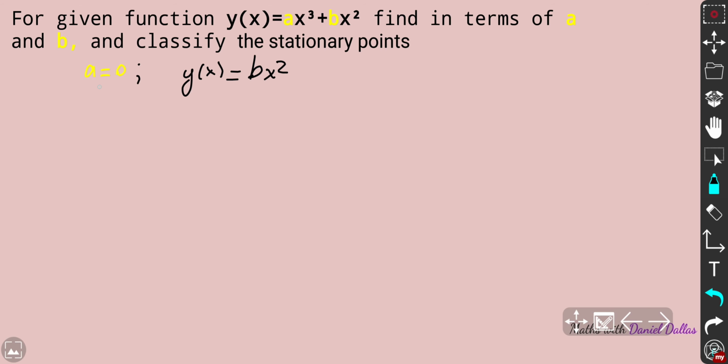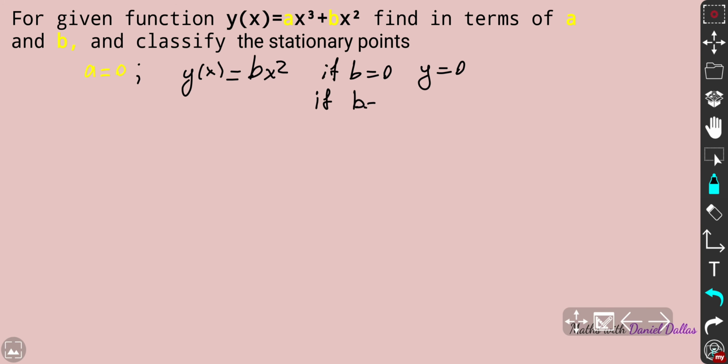For the case when a is 0, we simply know that the sign will depend on b, but if b equals 0, we have y equals 0, and the gradient, so it's just a straight horizontal line. So the gradient is 0 definitely, but there is no maximum or minimum point because it goes at the same level.